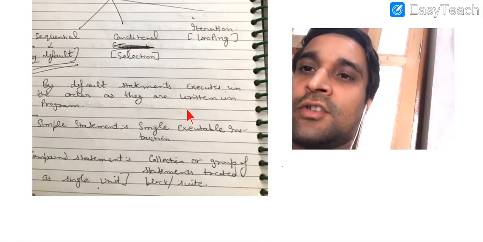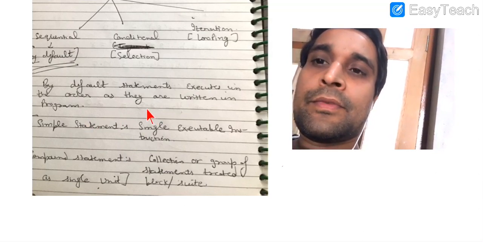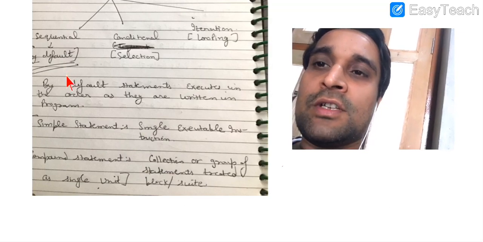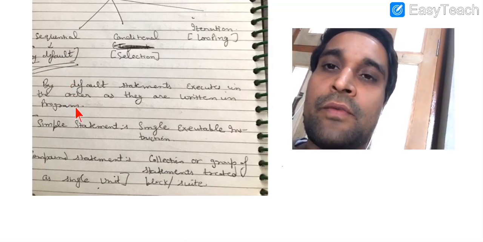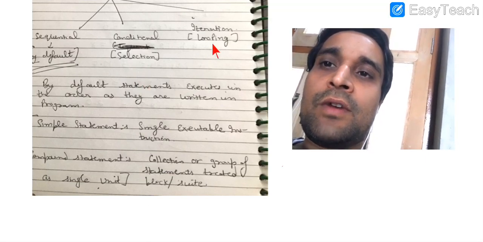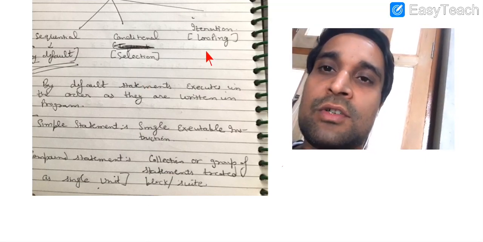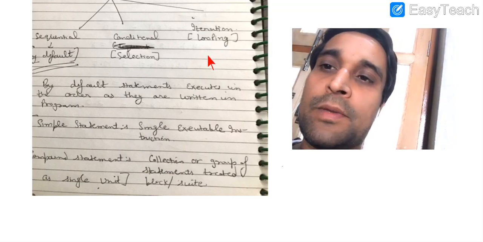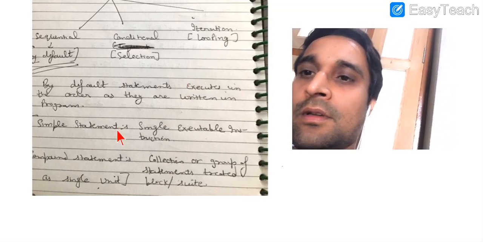By default our instructions execute in the order as they are written in the program, that means sequential. But what if we want to modify the order of execution? Then we need to use a conditional statement. And what if we want to repeat a set of instructions again and again? Instead of writing them in our program, we need to use iteration or looping statements available in Python.